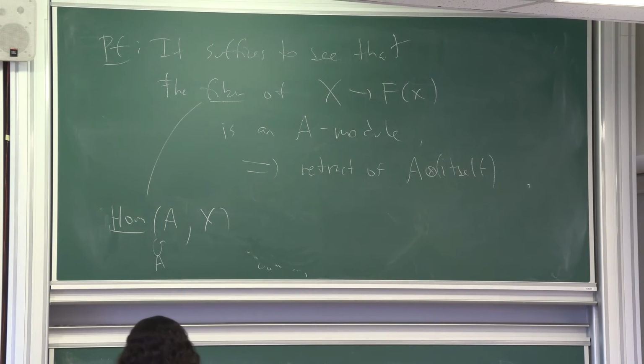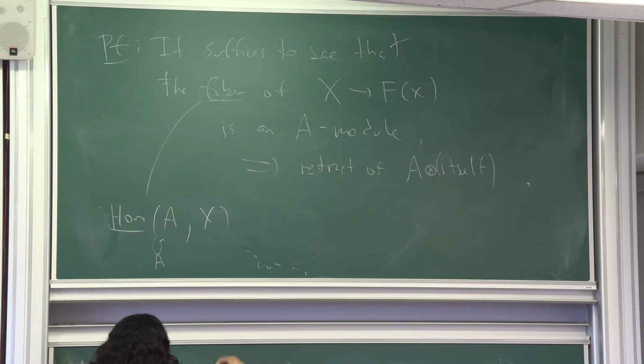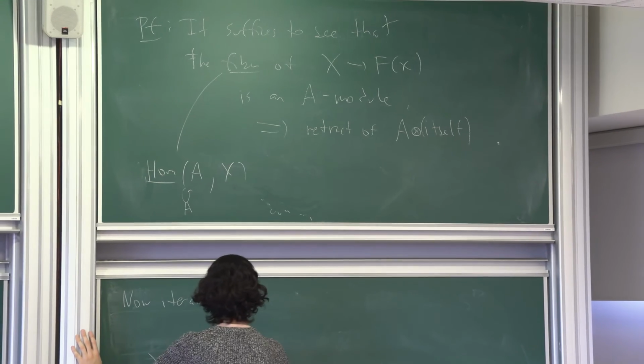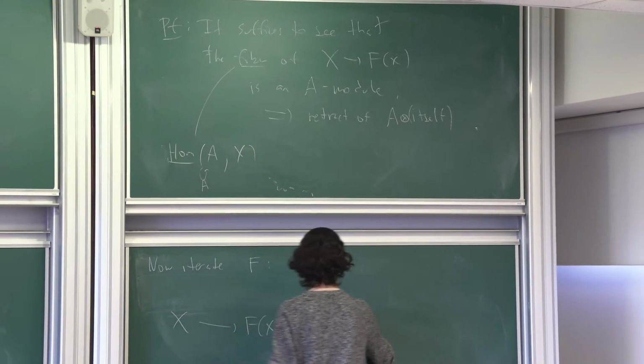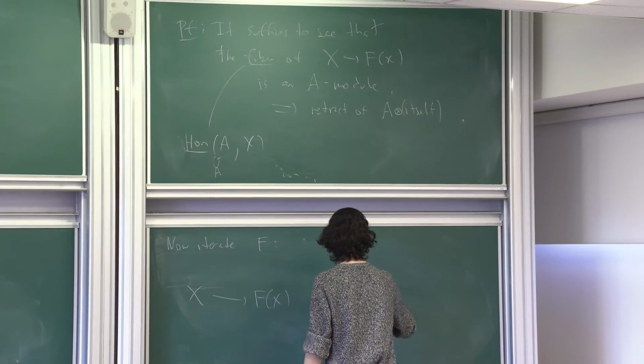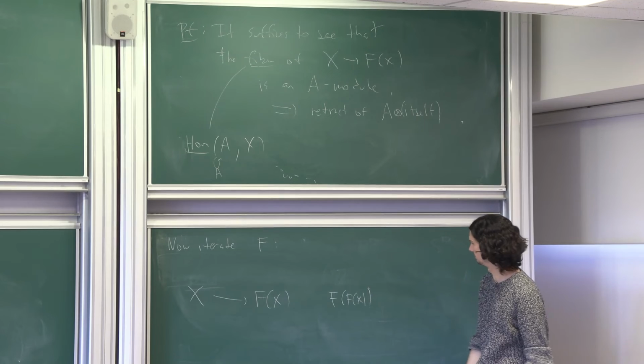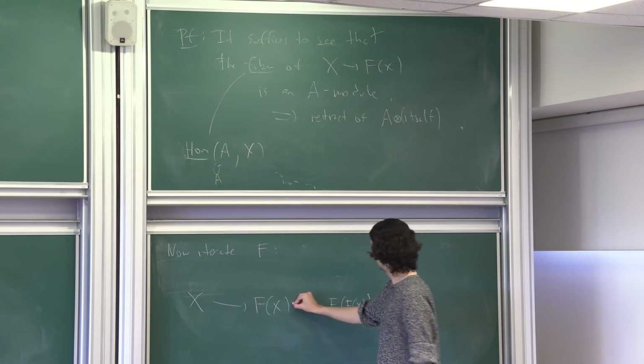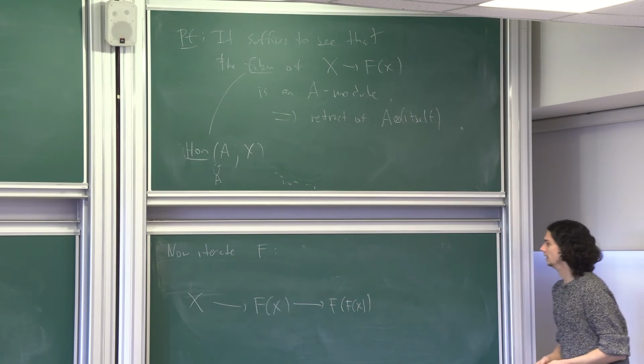So now iterate F in the following way. You get X going to F of X, and then you go to F of F of X. One should actually be a bit careful about which map one writes down here.